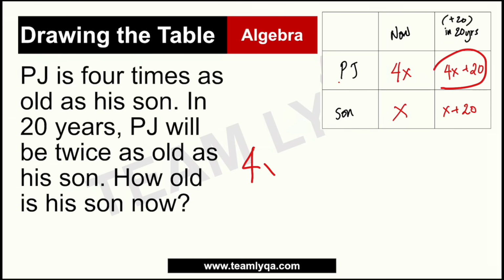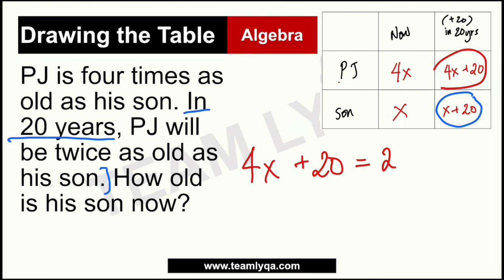So, 4x plus 20 is, so equal siya dun sa twice nung edad nung kanyang anak. And again, sabi natin kung ito ang leading statement natin dyan, ito ang time period ng buong sentence, that would be this. So, 4x plus 20 is equal to 2 times, kasi twice, 2 times ng x plus 20. That becomes our equation.